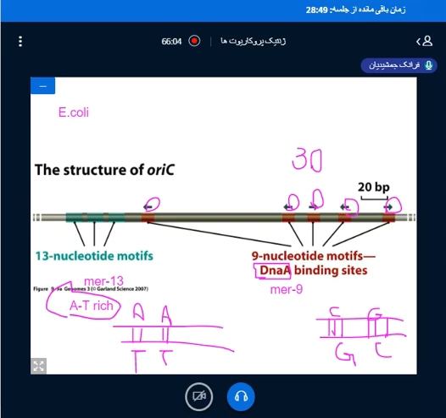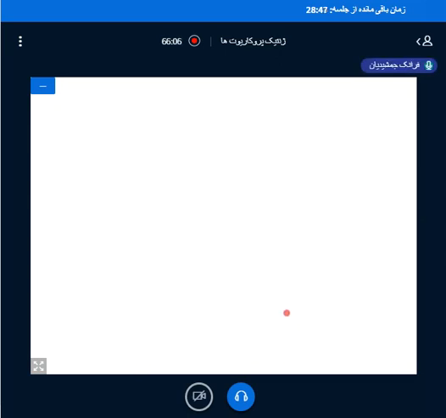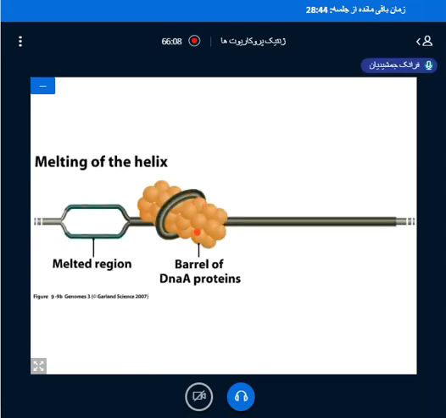Okay? So after DNA is attached to the 9-mer, look at this. I told you 30 DnaA proteins are attached to the 9-mer. DNA folds around the barrel of DnaA proteins.